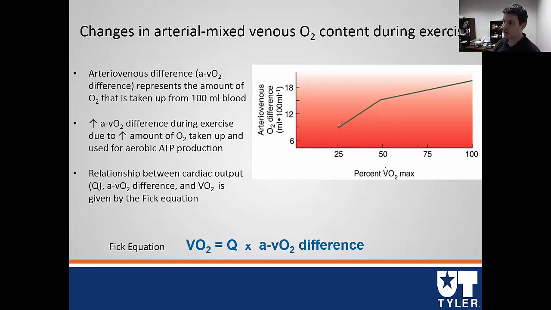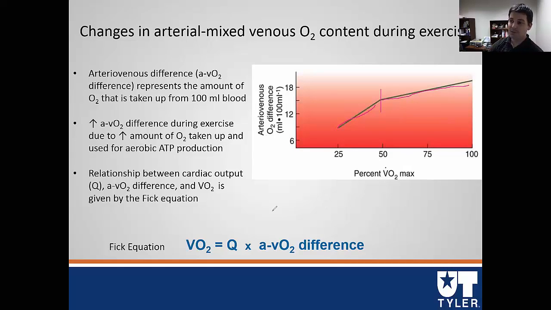As exercise intensity increases, we have an increase in AVO2 difference. We extract more oxygen out of the blood. And then at about 50%, we see that it levels off and doesn't extract nearly as much.